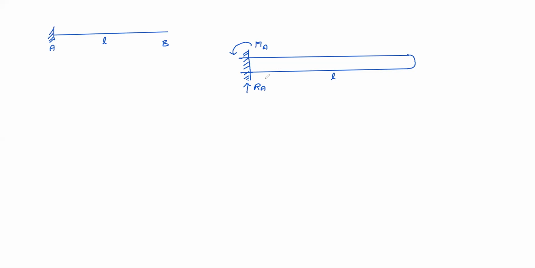So to find ILD for RA, you should not release fixity there. Rotational fixity should be there. Rotationally you should not allow, but you should release only the vertical constraint. How is it possible? It is very simple. Just see here.